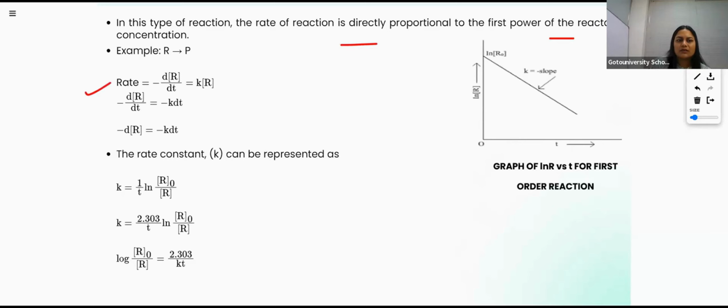In a similar way, we are going to calculate the rate as we have calculated for zero order reaction. Here there will be a slight change, as I have discussed with you for first order reaction earlier, where we are replacing the natural log value with 2.303.